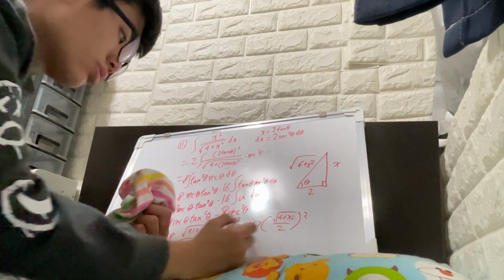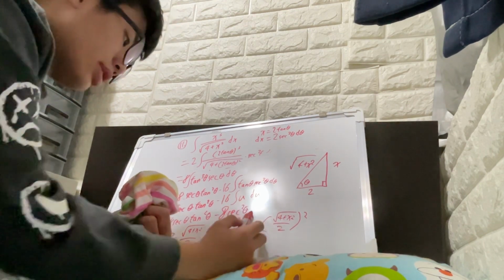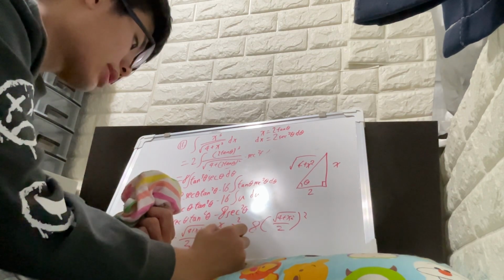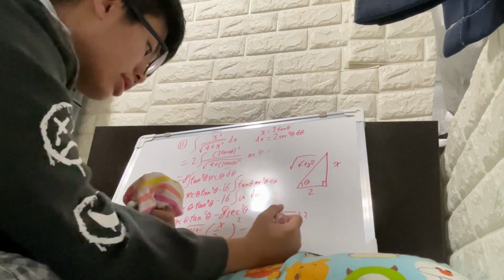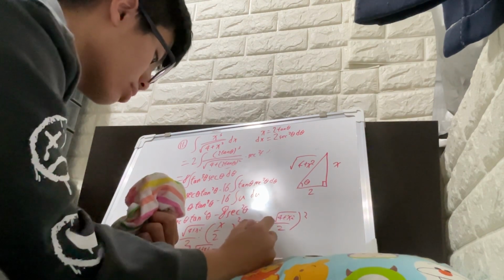So 2 multiplied inside becomes a, and then be careful, there's a negative here, negative a, and then minus a x squared, plus c.